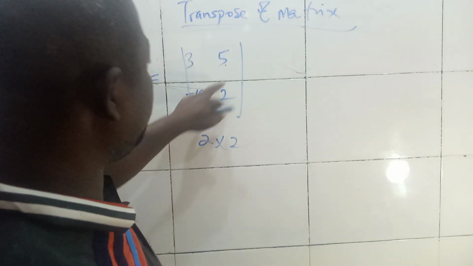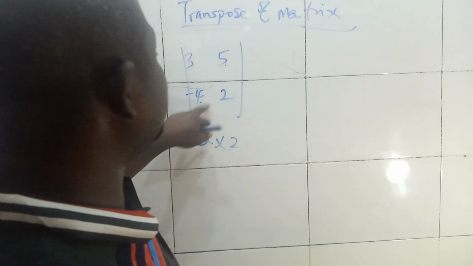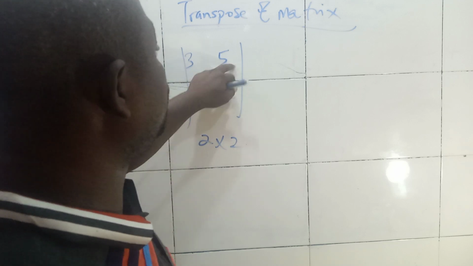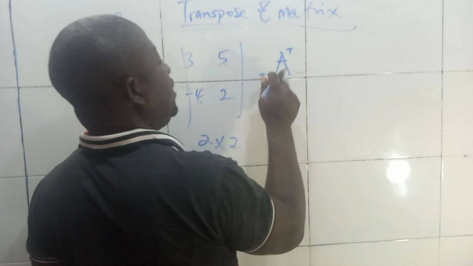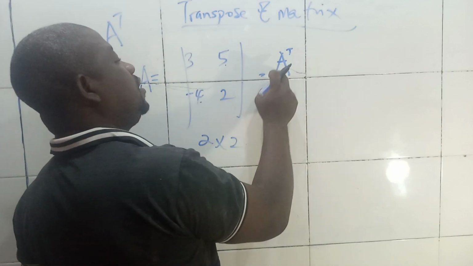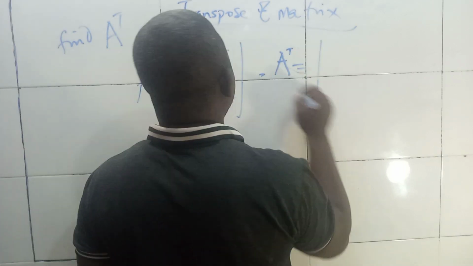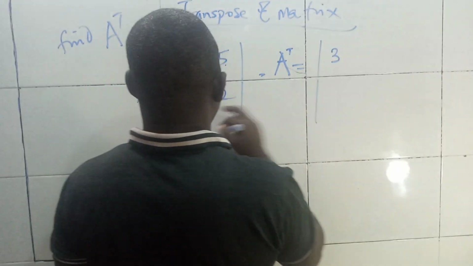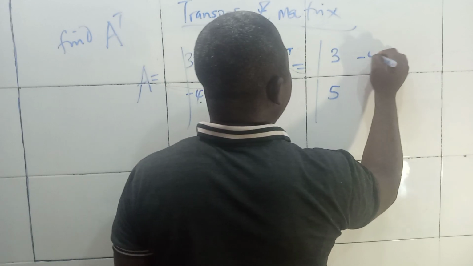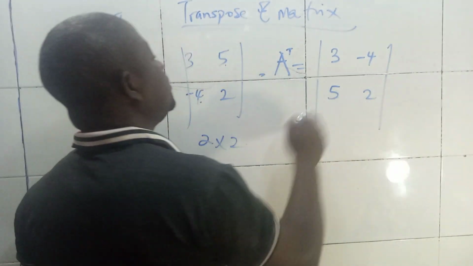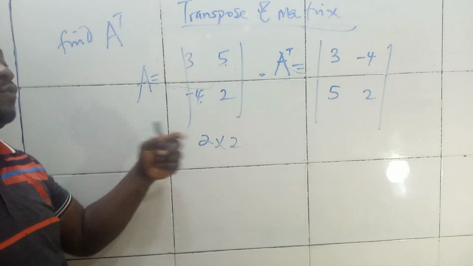So it's very easy to find the transpose of a 2 by 2 matrix. A transpose is written as A superscript T. A transpose is equal to 3, this one will come to this place, while 5 will come here. We have 5, minus 4, 2. So that is the transpose of A.